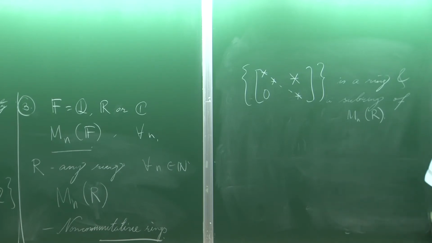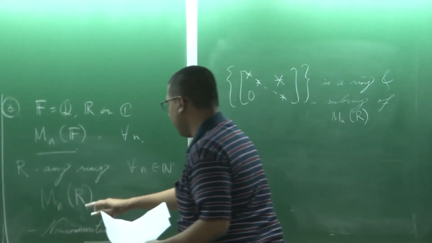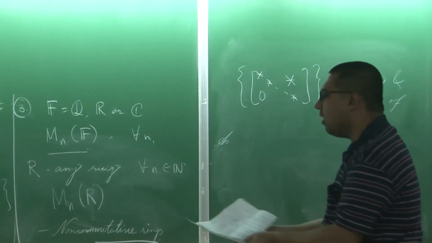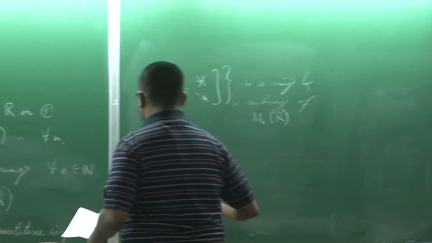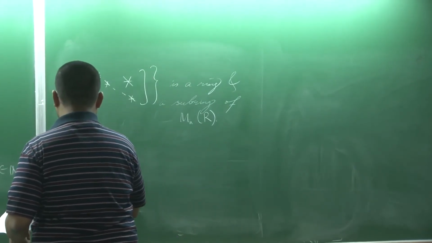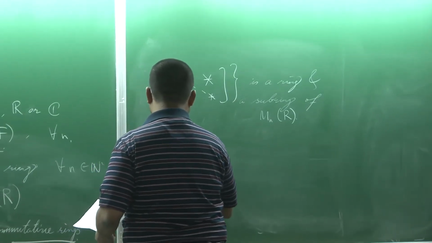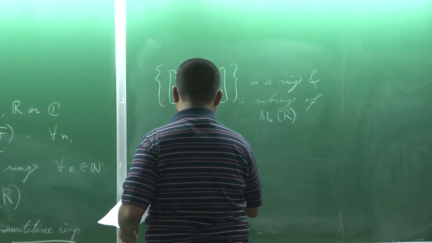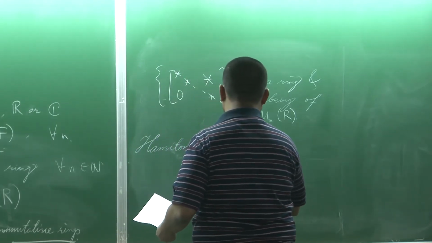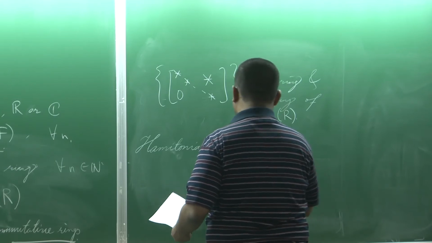Now I am going to consider the matrix ring over, in fact, we will be considering a subring of that, which we will call the ring of Hamiltonian Quaternions.